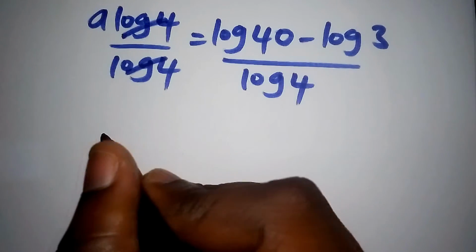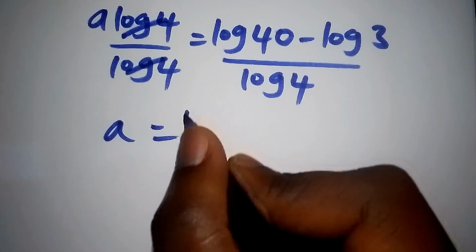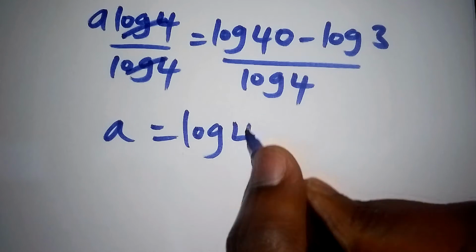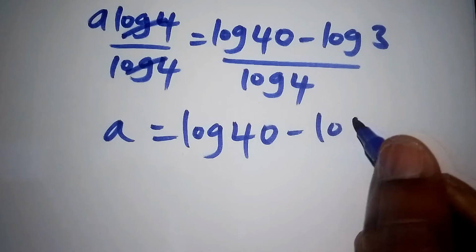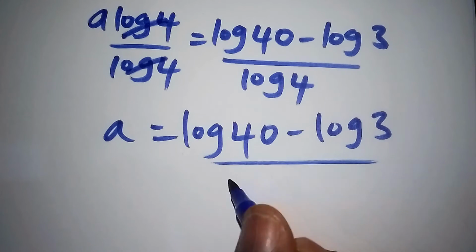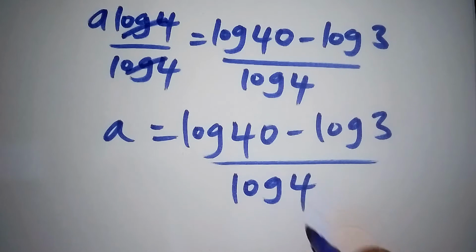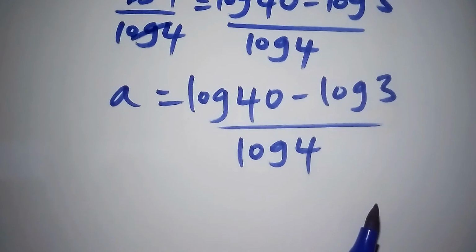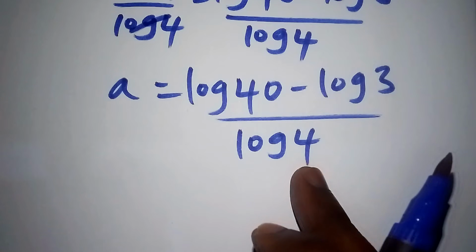Now our value for a shall be the log of 40 minus the log of 3, all over the log of 4. Let's split each one.